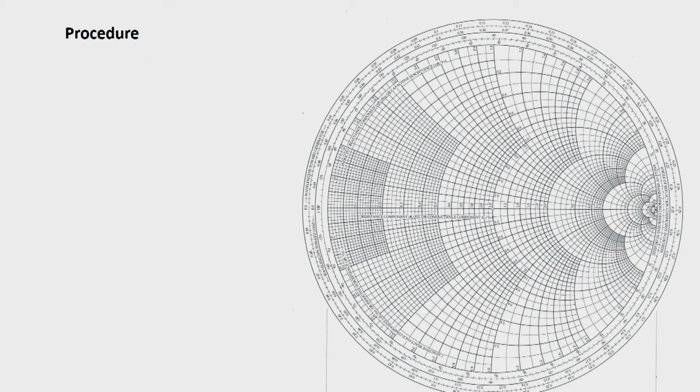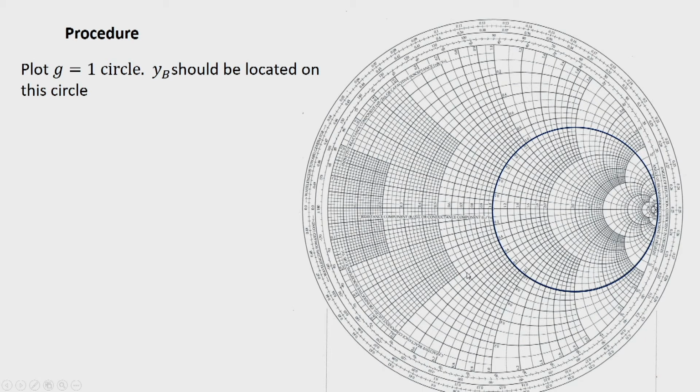So, we follow the procedure as shown. We plot the g equal to 1 circle and y_B should be located on this circle, because after matching we require y_I equal to 1. Plot the rotated circle where y_A should be located.